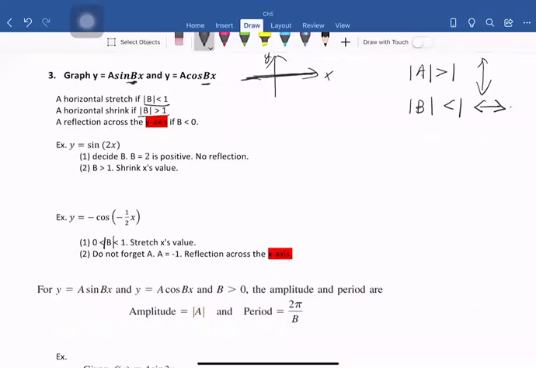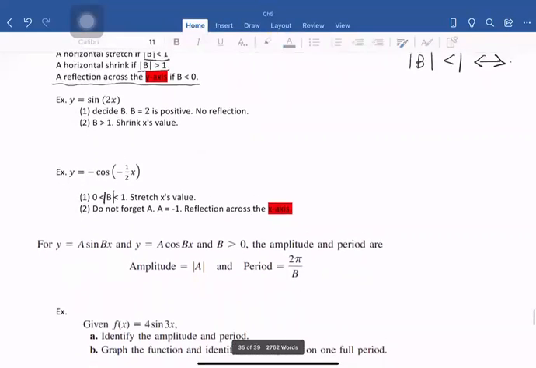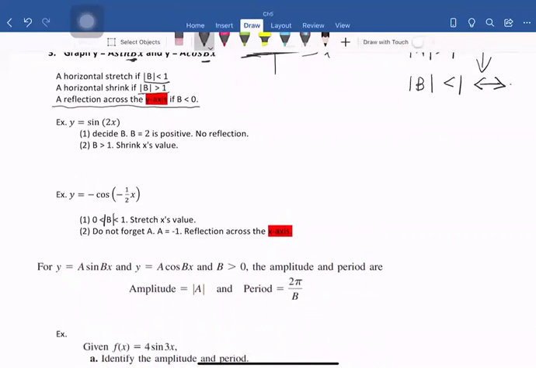A reflection across the y-axis if b is less than 0. So we just flip the graph along the y-axis.